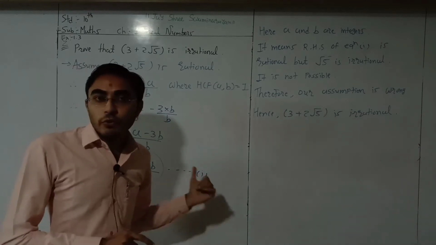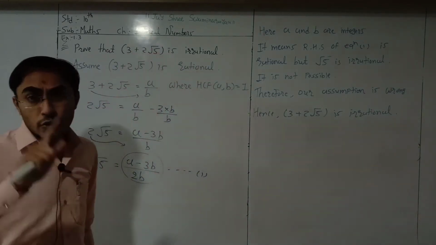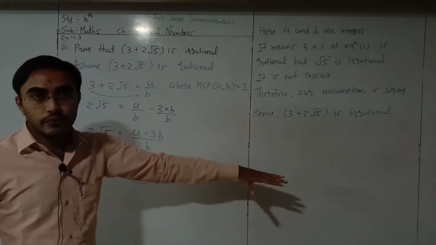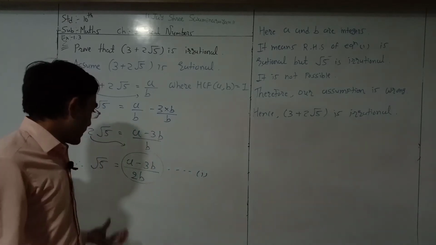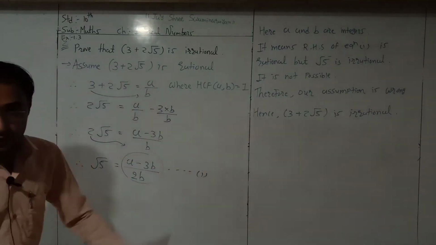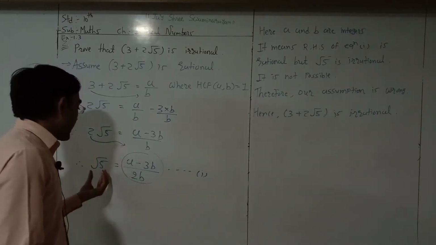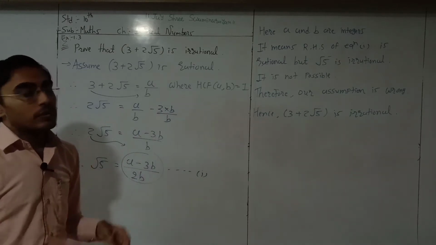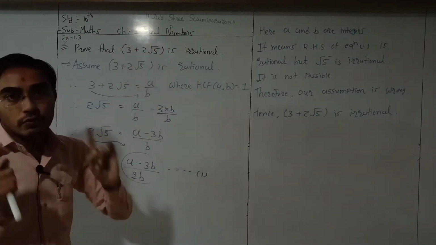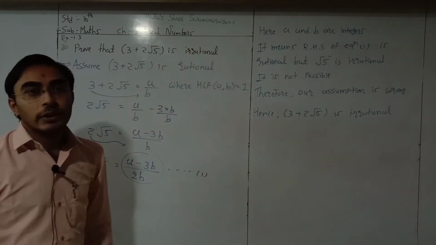Because here we directly wrote that under root 5 is irrational, we did not prove it. We directly take under root 5 as irrational, but if this question is asked in 4 marks, we need to prove that under root 5 is irrational. After that we can write these steps.